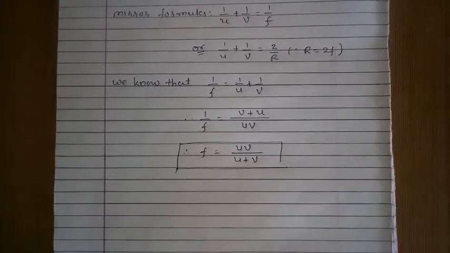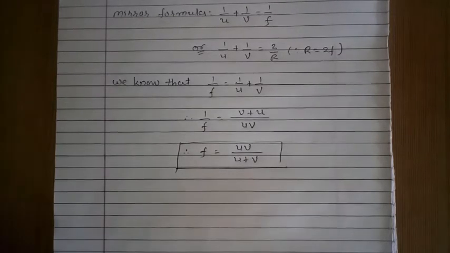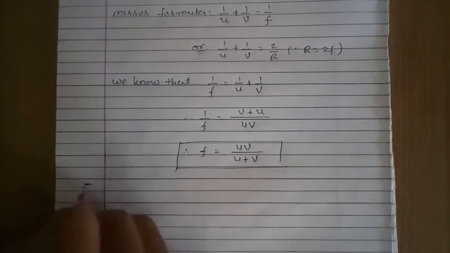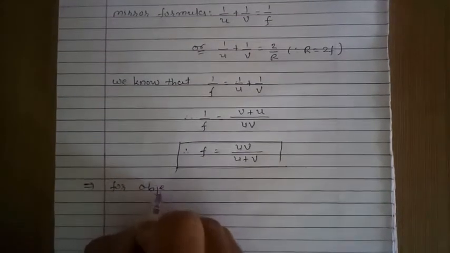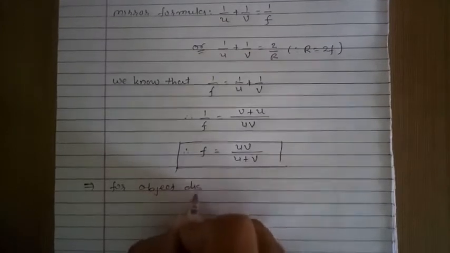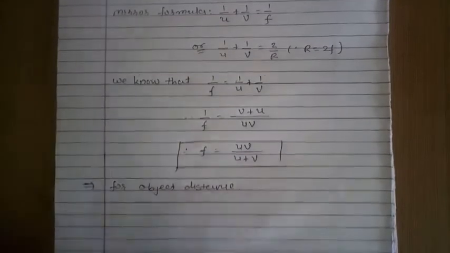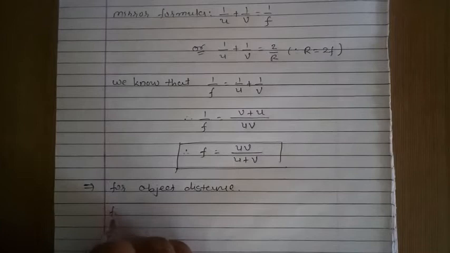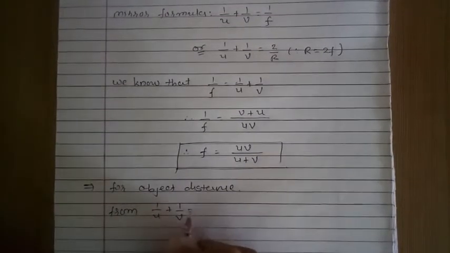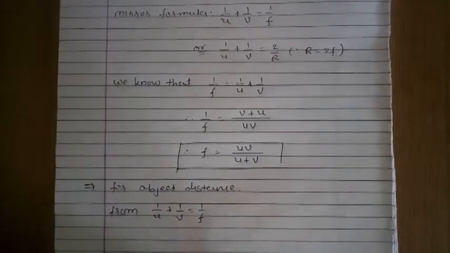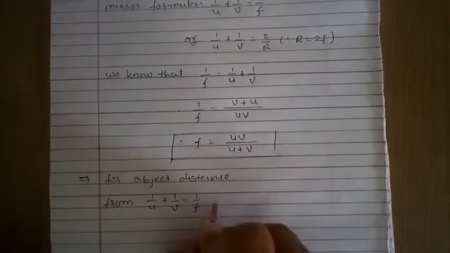Or if we have to find the object distance in terms of v and f, from 1 by u plus 1 by v is equal to 1 by f, we have to formulate 1 by u.